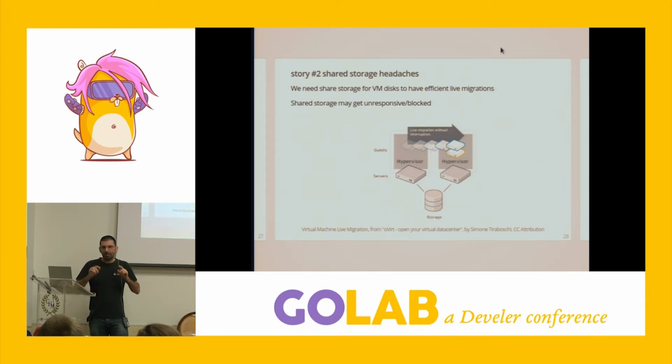Just to provide some context, this happens because virtual machines do use shared storage. The virtual disks, sorry, are not backed by host local storage. We need to access the storage across the network because we want the virtual machine to be migratable, and to make them migratable, we need to access the storage from both sides of the migration.